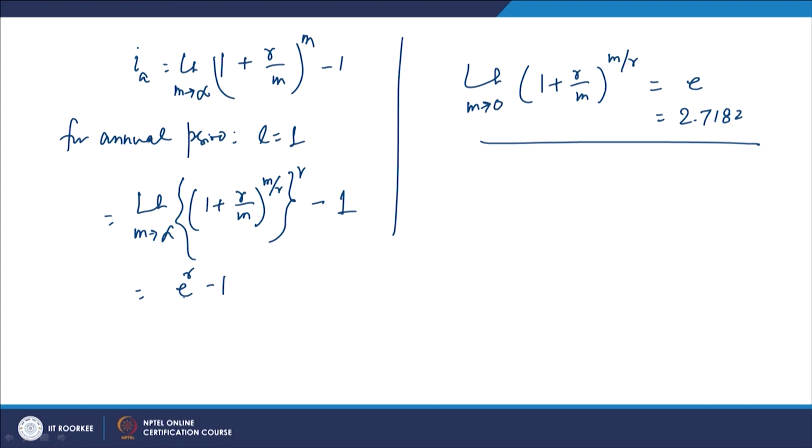Now, when we are dealing with such situations where you have to compute these interest factors for all these cases, you have to use this e raised to the power r minus 1 as the effective interest rate per year.